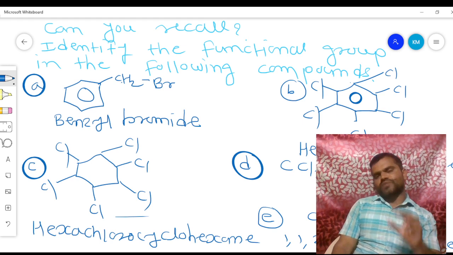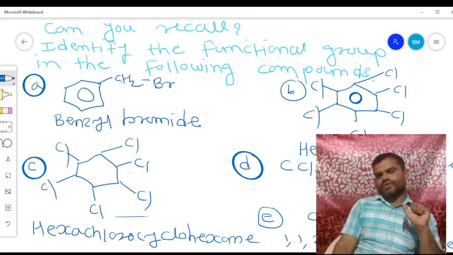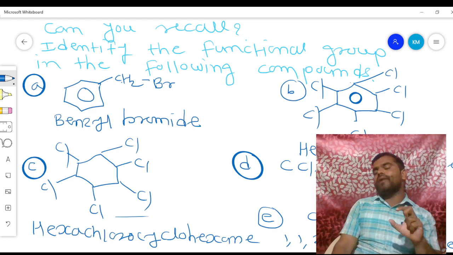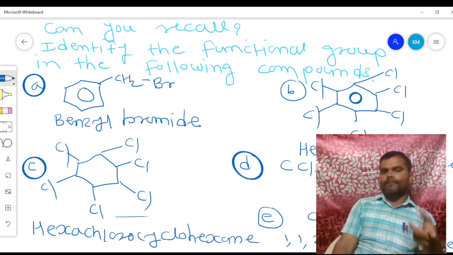In this way, these are the compounds given in the textbook, and they asked you to identify the functional group in these compounds.